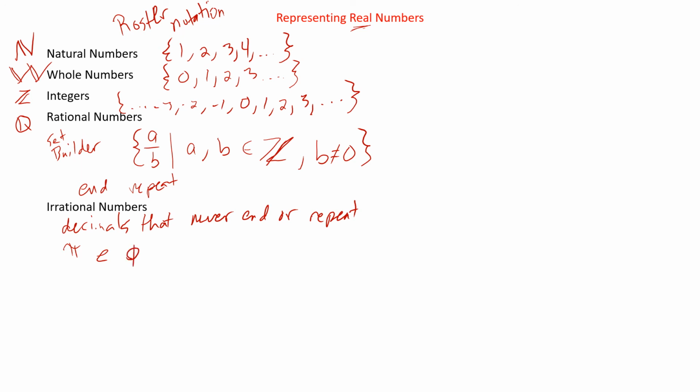Other irrational numbers, though. Square root of 2 is an irrational number. Square root of 3. Square roots of integers will either be an integer, like the square root of 4 is 2, the square root of 25 is 5, or it will be irrational. So if it doesn't come out nice, it's irrational. Now again, that's of integers.